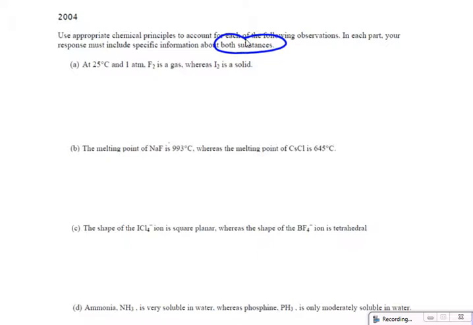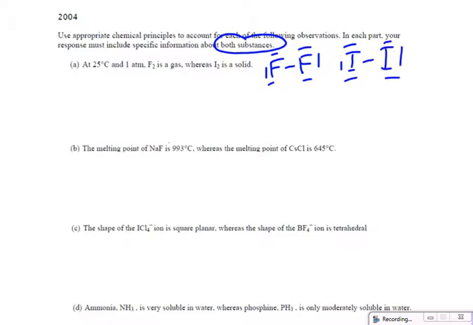Okay, so at 25 degrees Celsius and 1 atmosphere, fluorine is a gas, whereas iodine is a solid. So why is that? All right, so what do we know about fluorine and iodine? You might want to do a Lewis structure really quickly. And if you do, you find fluorine, single bond, iodine, single bond.